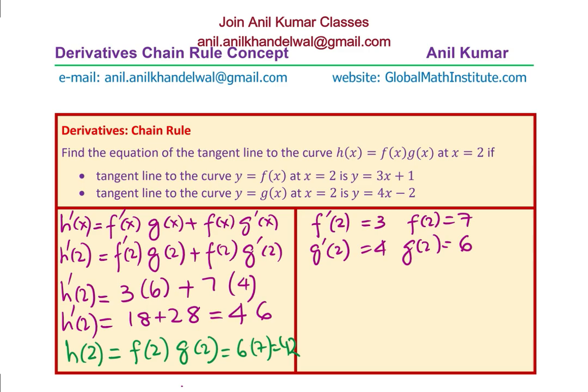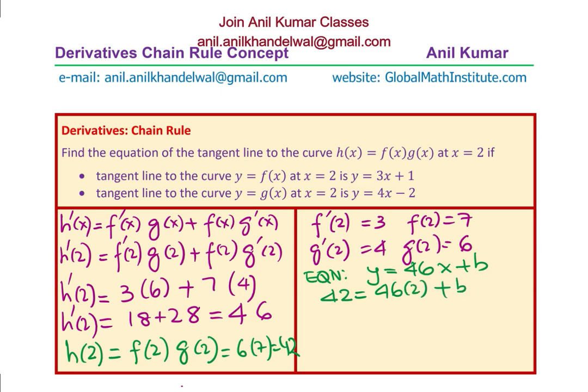Now we can find the equation of tangent line. Clear? So let's find the equation of tangent line. It is, let us say, y equals the slope, which is 46x plus b. To find the value of b, we'll substitute 2 and 42. So 42 being the y value and 2 being the x value plus b.